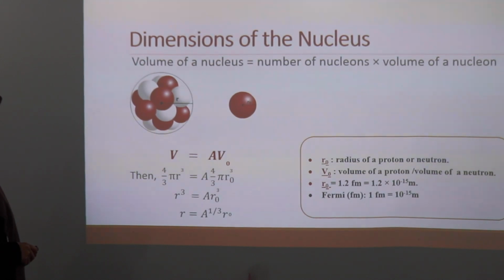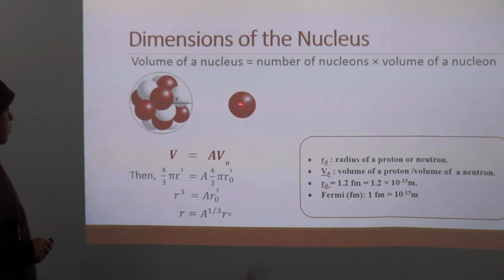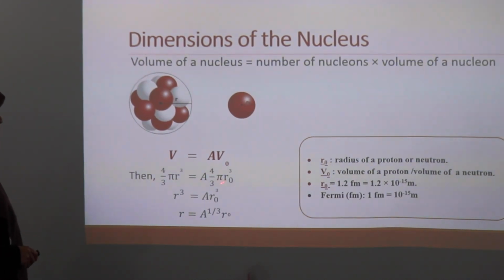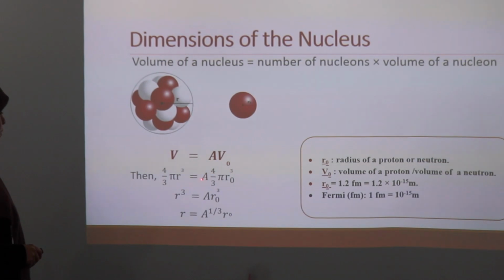Then in the previous slide we have seen that the volume of the nucleus equals 4/3 pi r cubed, while the volume of the proton or neutron is equal to 4/3 pi r0 cubed, multiplied by the mass number of nucleons.